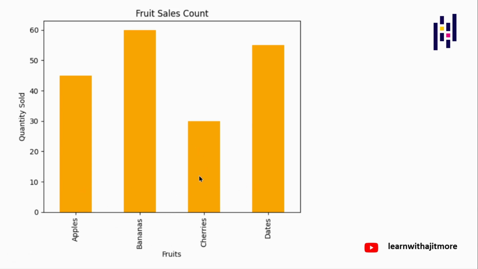You can do it horizontal also. When you take horizontal, a horizontal bar will come. In that case, the x labels will come on the y label, and the sale value which was coming on the y label will come on the x label. Getting? If you want, I'll show you that too.